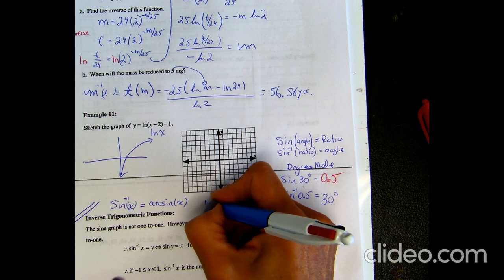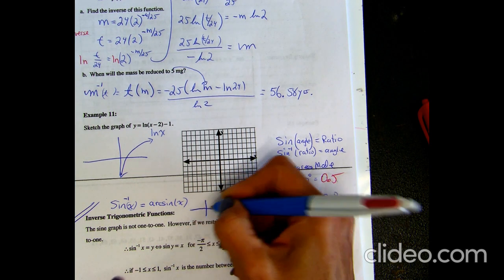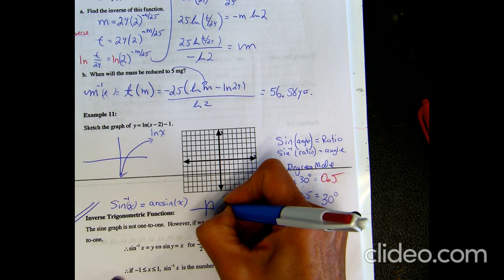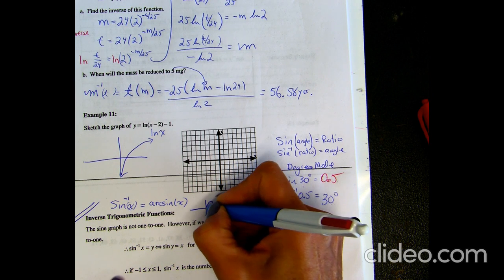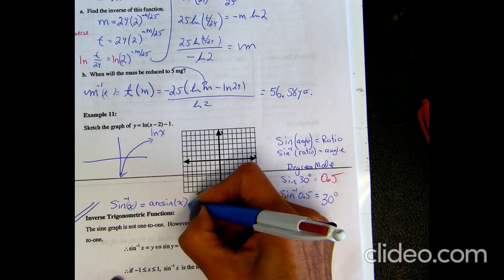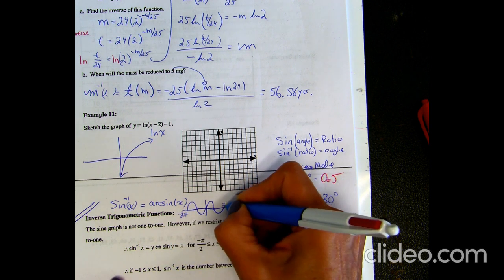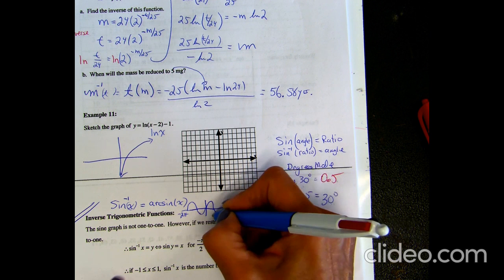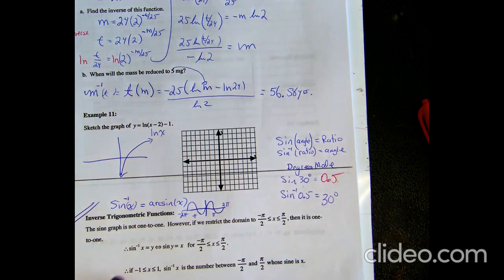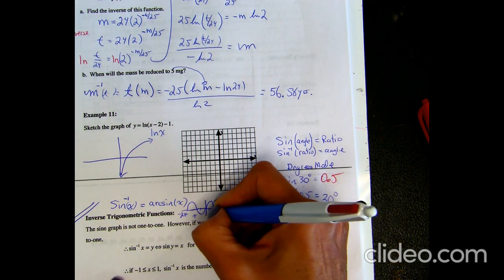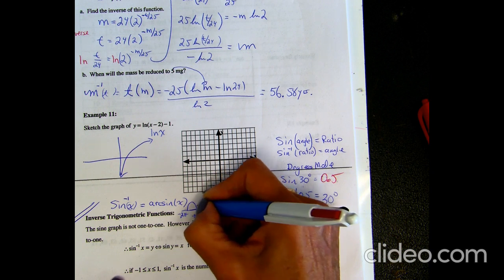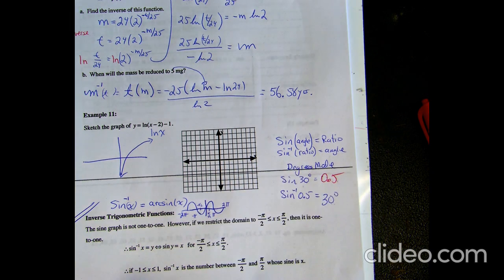Okay, so a quick sketch of your sine graph right here. Center, top, center, bottom, back to the center. And I'm actually going to do 2 rotations, that is from negative 2 pi to positive 2 pi. And pi by 2 and negative pi by 2.